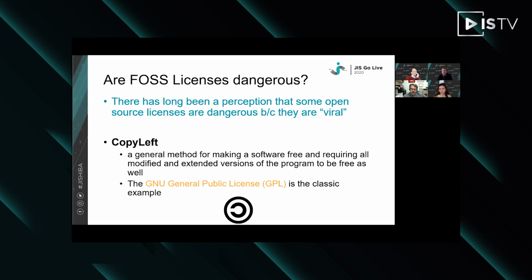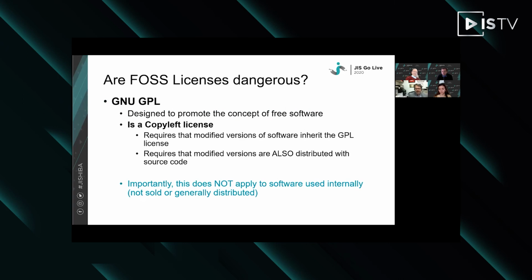The GNU General Public License, or the GPL, is the classic example of a copyleft license. I just want to talk about this briefly. This is designed, again, to promote the concept of free software, and requires that modified versions of software that use GPL software inherit the GPL license.